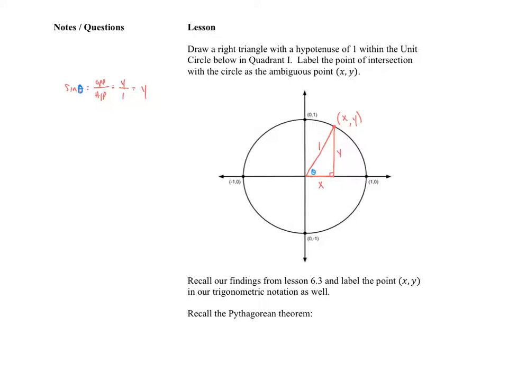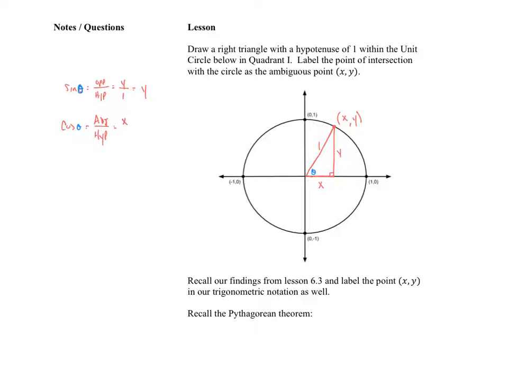We came to that conclusion in 6.3, which helped us because now we know as long as we stay within the unit circle, sine of theta is just our y coordinate. And we could do the same thing with cosine of theta. That's equal to my adjacent side over my hypotenuse. In this case, my adjacent side is right here. That's x. My hypotenuse is 1.